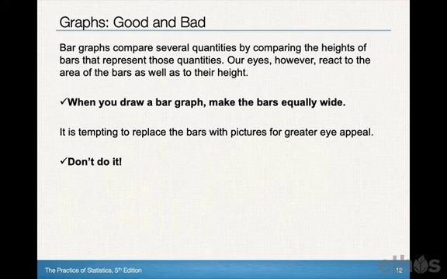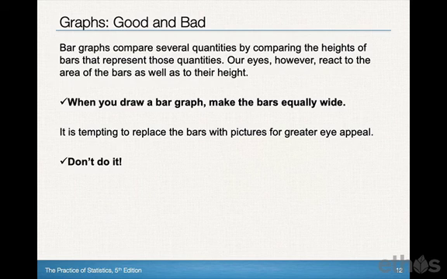So this is where we talk about graphs that are actually helpful versus graphs that misrepresent material. Things like if you have to draw a bar graph, you make the bars equally wide because your eyes judge the area, not the height, on a subconscious level. And so if some bars are wider than others, even if they're shorter, they're going to misrepresent the proportion of data in that category.